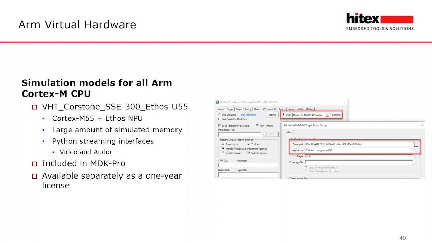This means that we'll be able to have a complete experimental design environment in simulation on our PC. These models are included with the MDK Pro. The fixed virtual platform models can be downloaded and used for free. The virtual hardware models are available as a 1-year license as well.